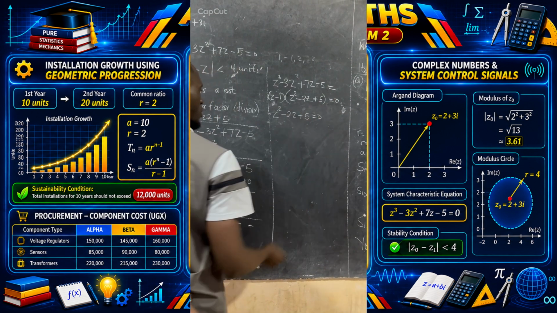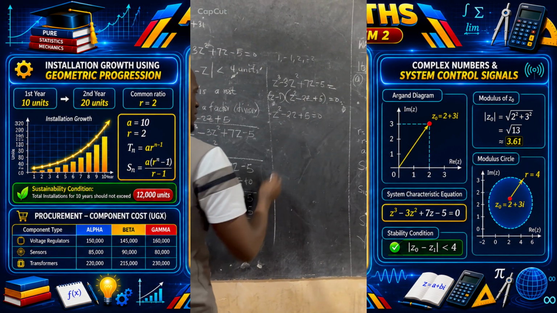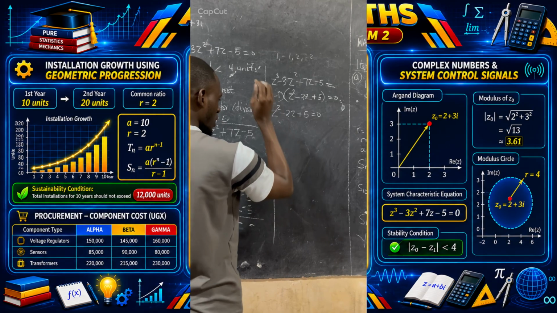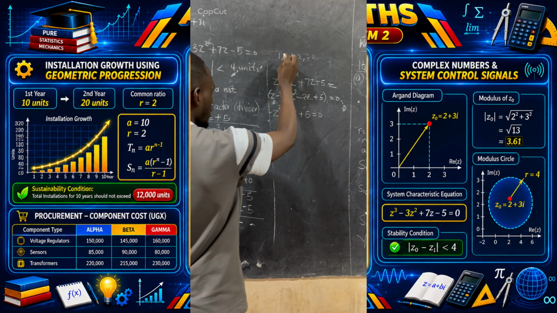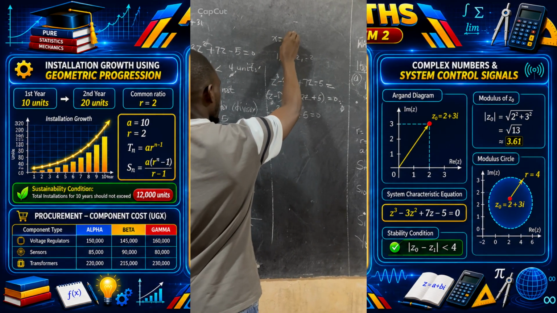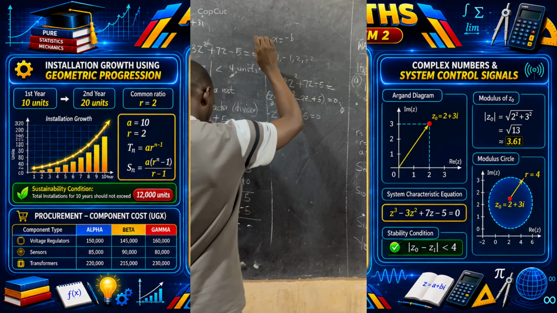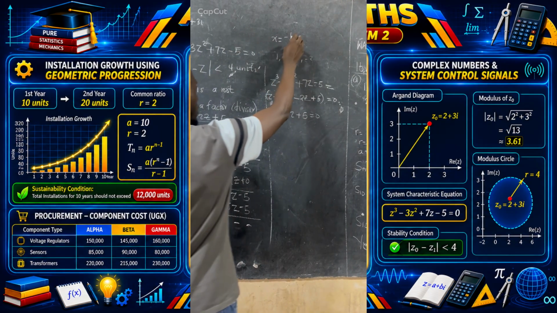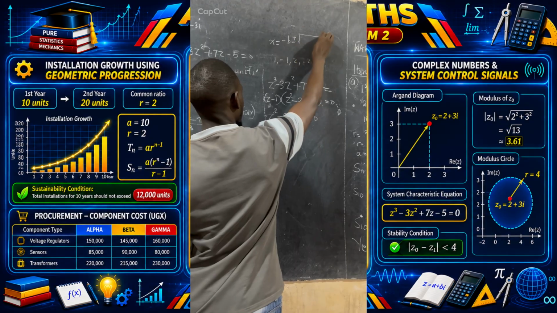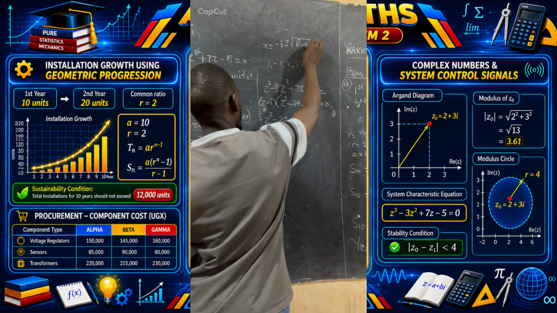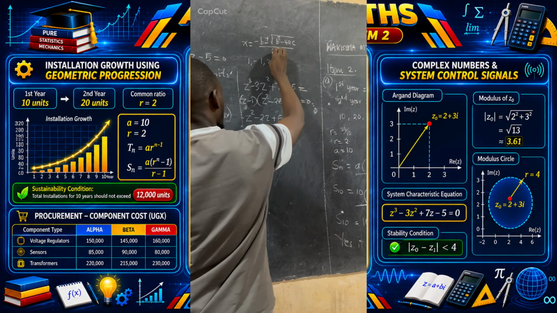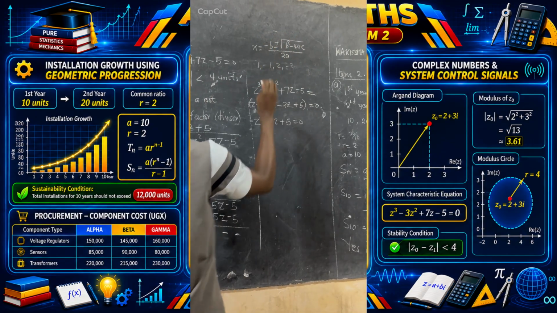If I equate it to 0, I'll have z from the quadratic formula of x is equal to negative b plus or minus the square root of b squared minus 4ac over 2a. This is what I'm going to use here.